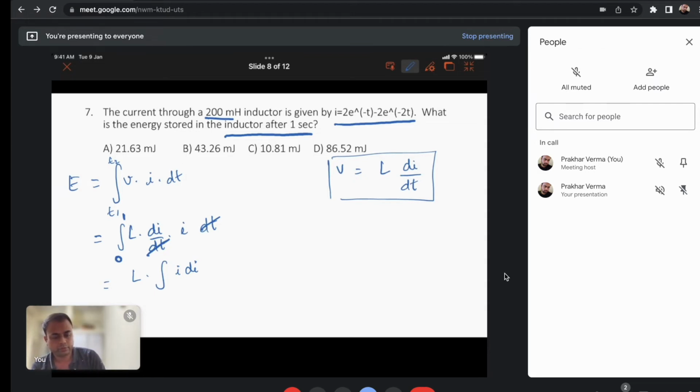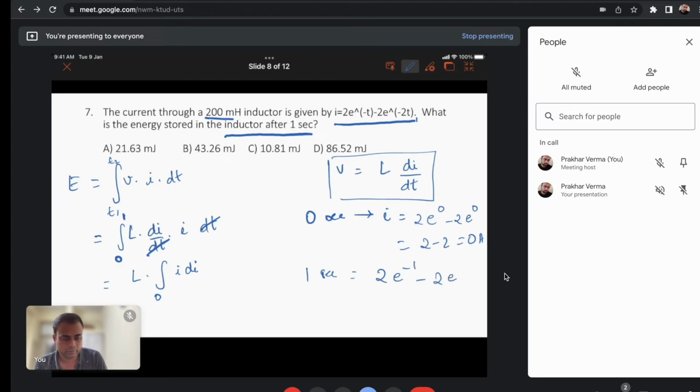As given by the expression, at 0 seconds the current becomes 2 e to the power 0 minus 2 e to the power 0. So this becomes 2 minus 2, that is 0. So 0 ampere of current at time 0. And finally at 1 second the current is 2 e to the power minus 1 minus 2 e to the power minus 2.